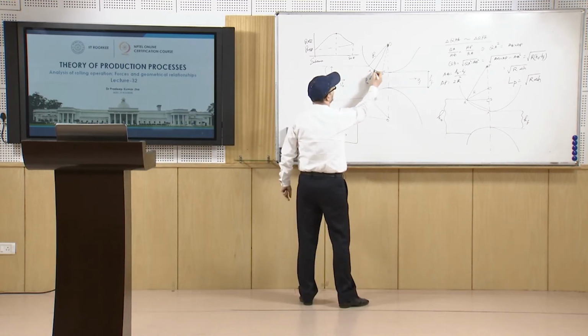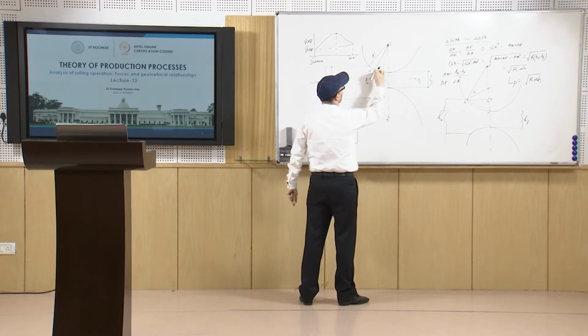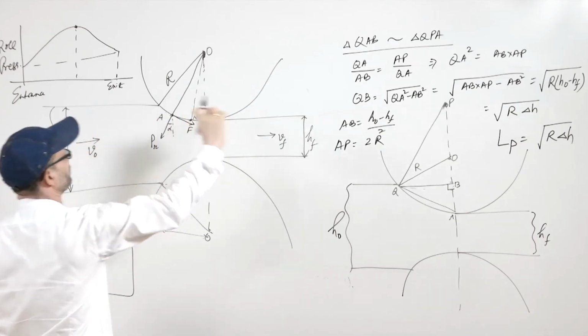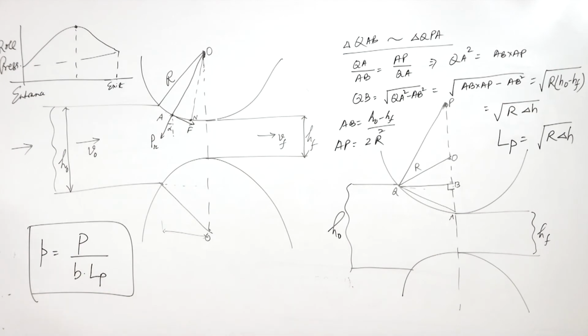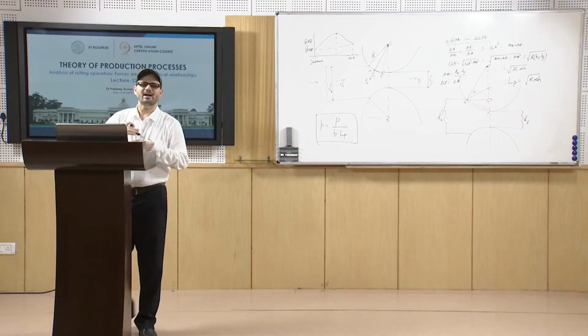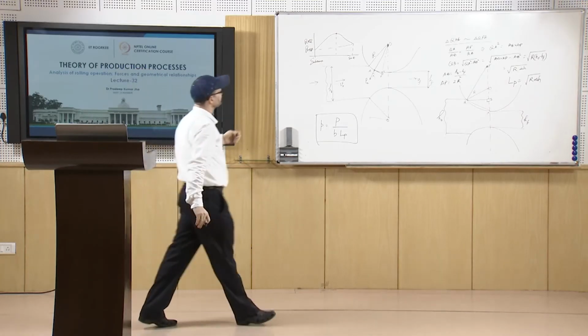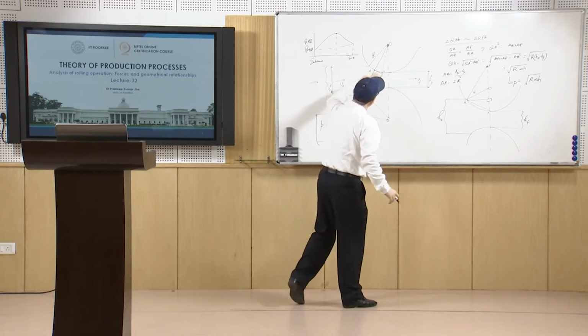Its horizontal component will be PR sin alpha here, and F will have F cos alpha on this side, and both have to balance. In fact, F cos alpha has to be more, so that the metal goes in.